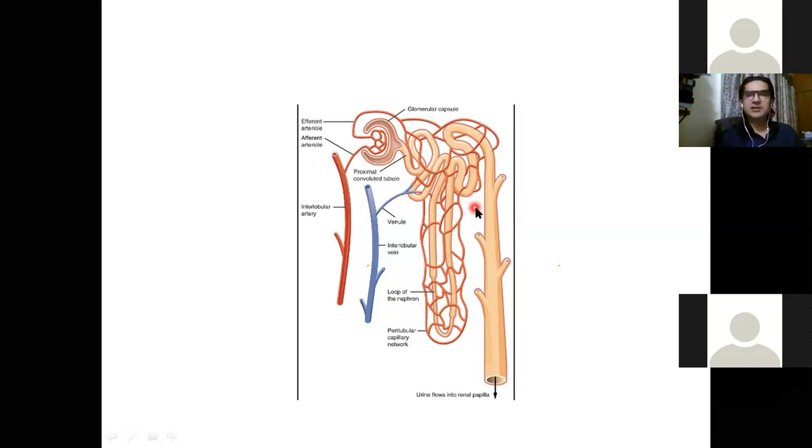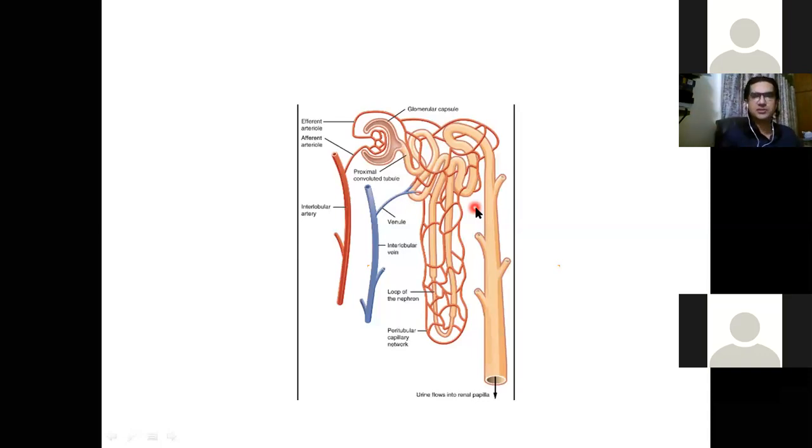So whenever there is a problem in the tubules, how does the patient present? The patient presents with either oliguria or polyuria. That is, either the tubules are not able to hold back the water, and so there is polyuria, or they are holding all the water back, and so there would be oliguria.